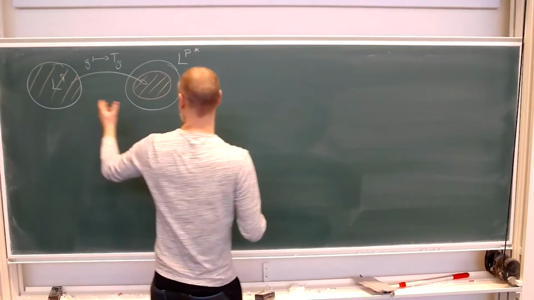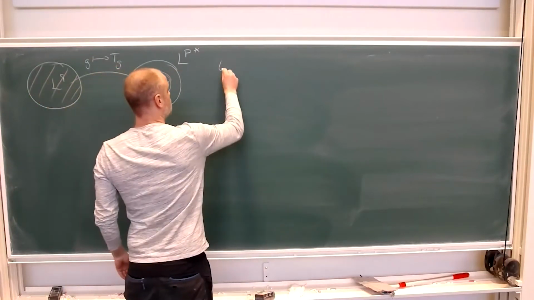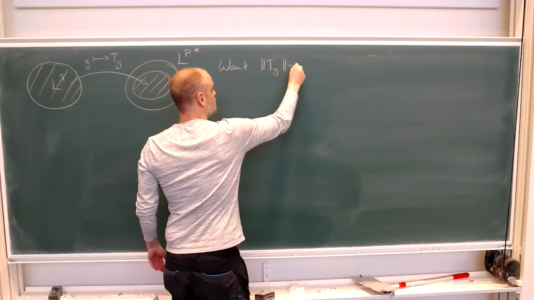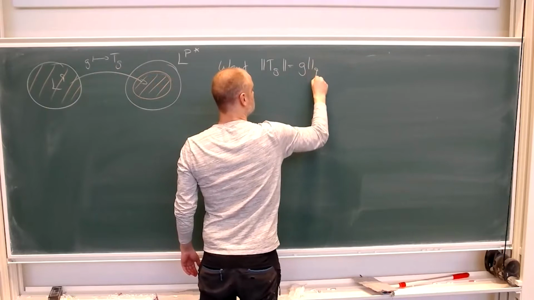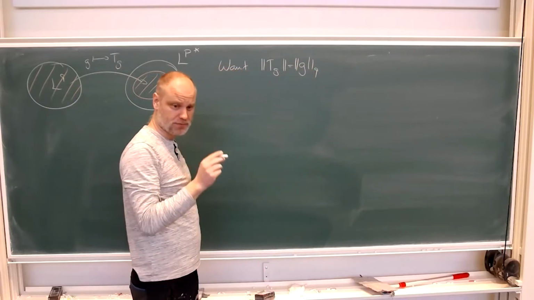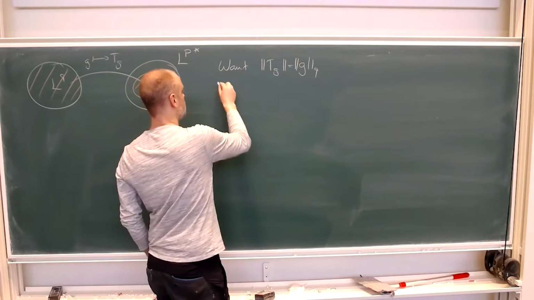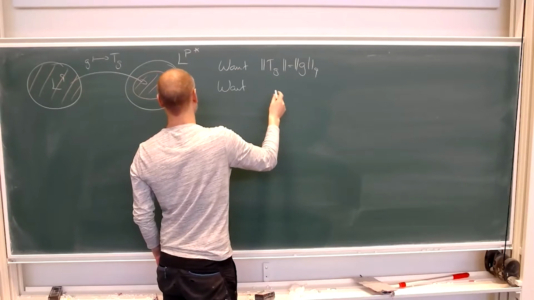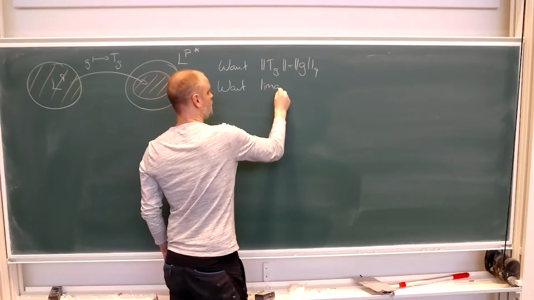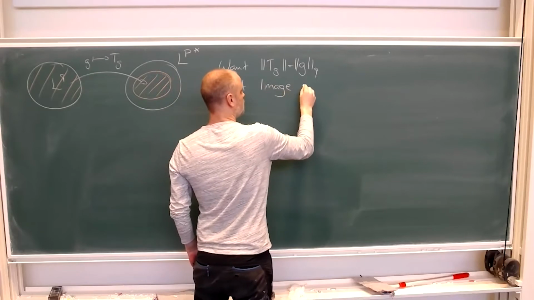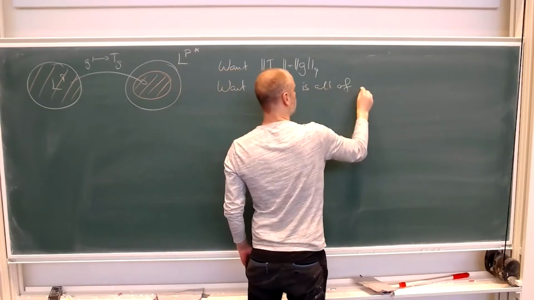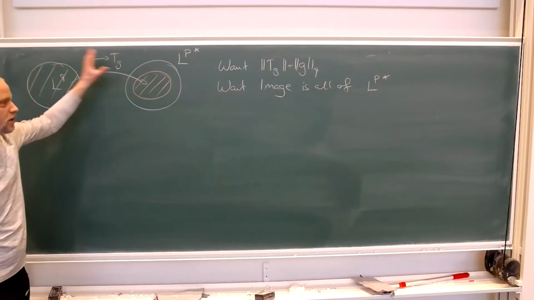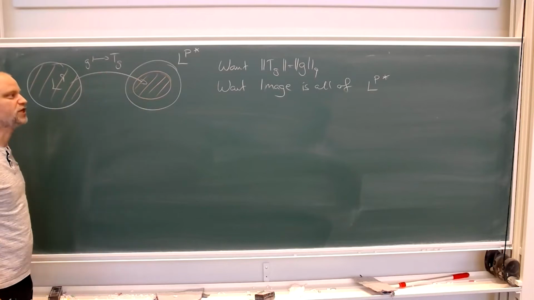Now what I want is that the norm of T_g is equal to the norm of g, right? We want also that the image of L^q under this map is all of (L^p)*. So this map should be surjective.